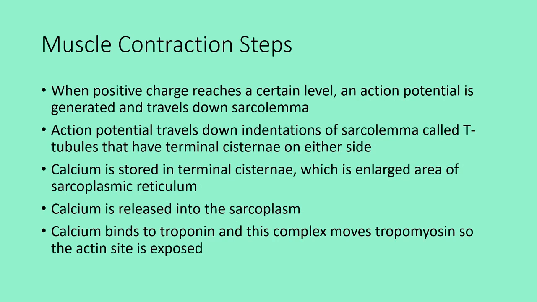When the positive charges reach a certain level, there's what we call a threshold level. For skeletal muscles, it's around minus 55 millivolts. So remember, at rest, you were minus 70. You got all this positive charge coming in. You reach about minus 55, and at that point, that's threshold. Then boom, you generate an action potential.